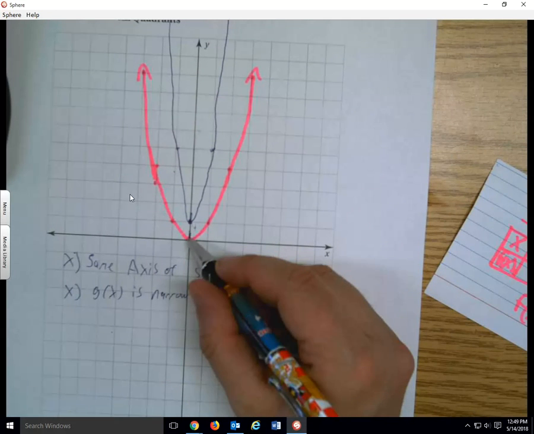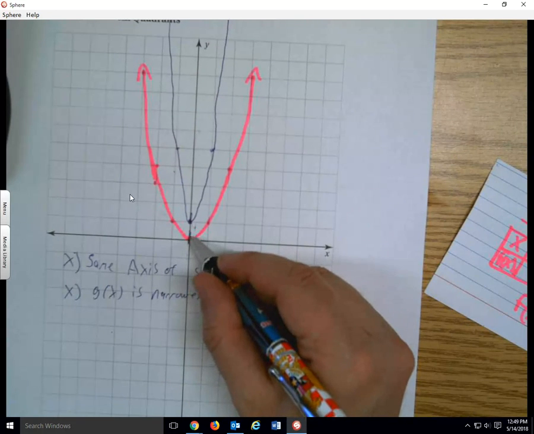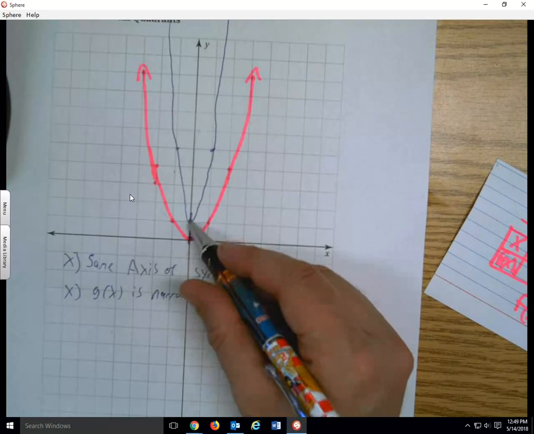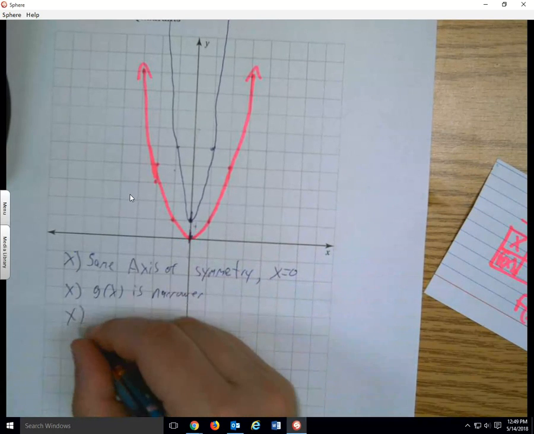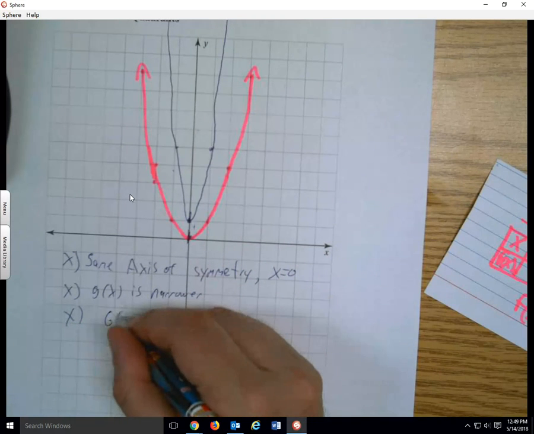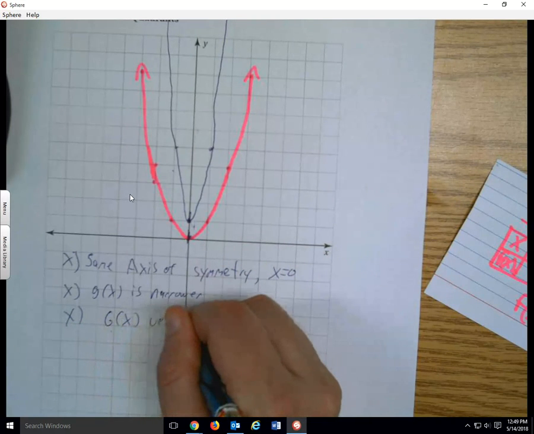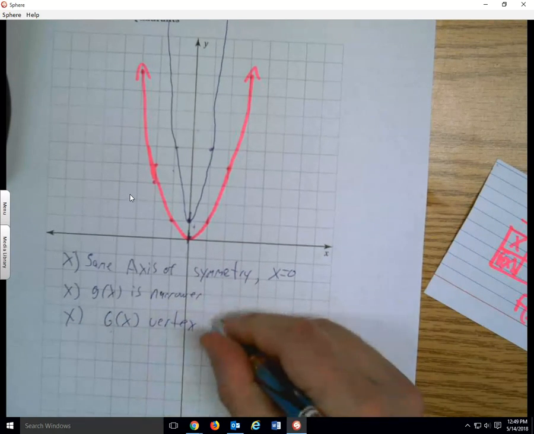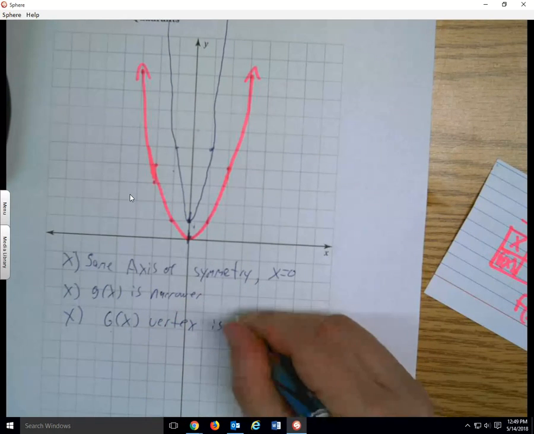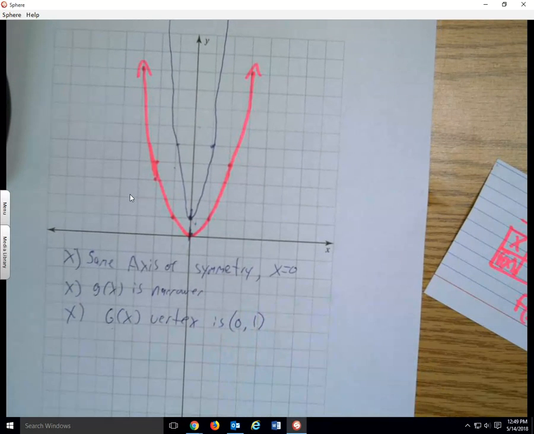Its vertex is not the same, right? The parent function vertex is 0, 0, but this vertex is 0 for x, but you're going up 1 for y. So I would say g of x vertex is 0, 1.